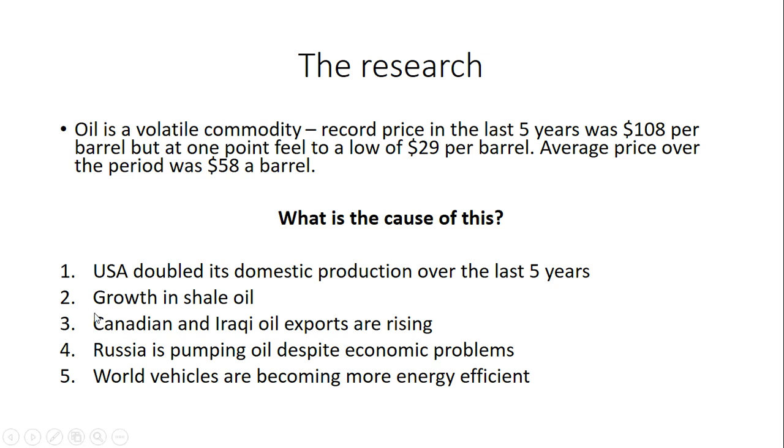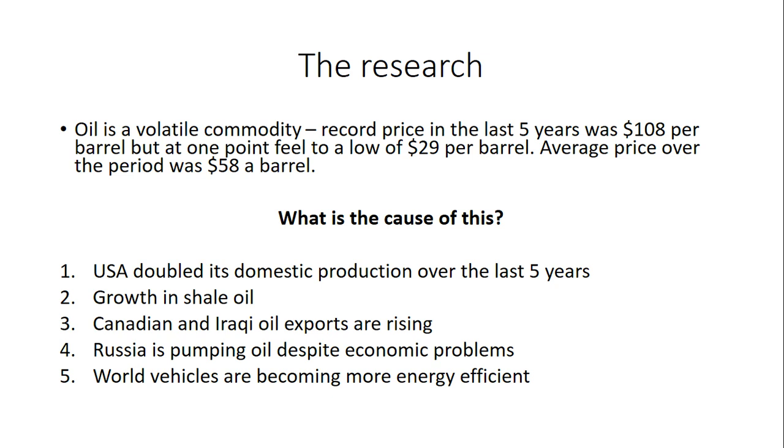Again, we mentioned that the growth in shale oil has been going up. This is another alternative for people who need oil, or countries who need oil, that has provided a bit of a leeway. Canadian and Iraqi oil exports are rising, so you've got new players coming into the market who obviously want to attract countries to buy from them, so they are going to reduce their prices.